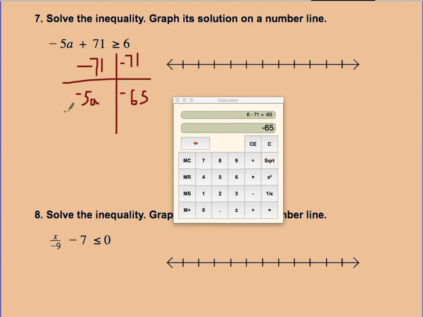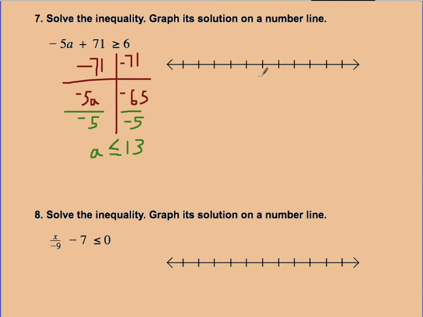And now we're going to divide by negative 5 because that's the coefficient there. And we get 13. So a 13. Since we divided by a negative number, though, this inequality sign actually flips. A is less than or equal to 13. So 13 would be to the right of 0. Less than or equal to, we're going to make that dot and fill it in to show that it could be exactly 13. And then go to the left.